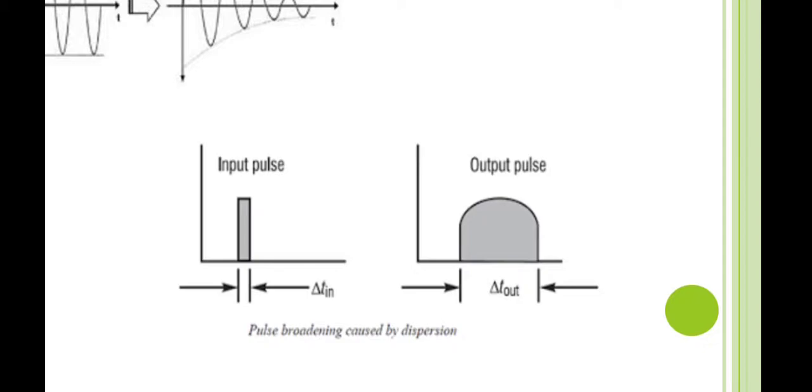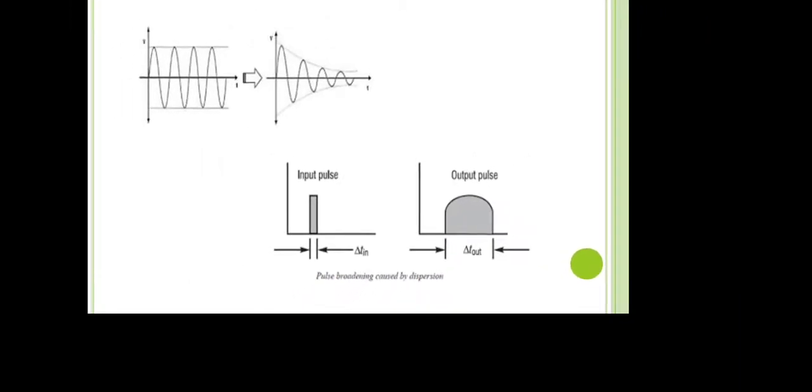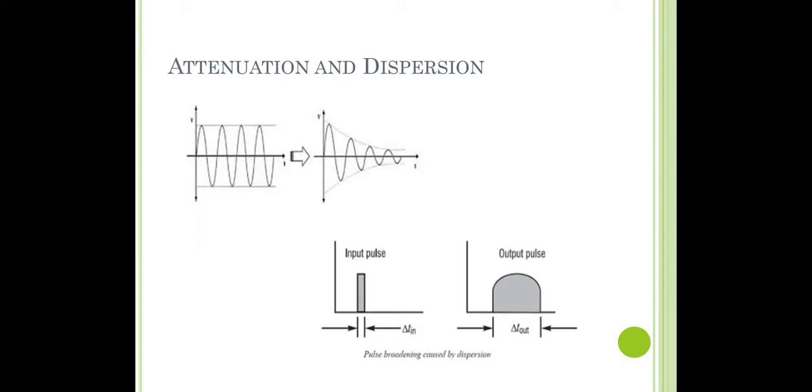Whenever the pulse is in the off condition, we also get the widened pulse on the output side. So it leads to misleading of information in the information channel. So in order to have an efficient transmission from the sender to the receiver, we must have low attenuation and low dispersion in the communication channel, that is, the OFC cables.